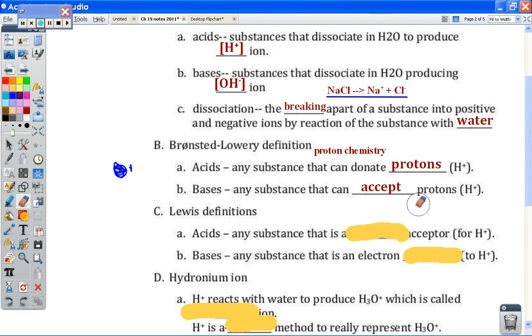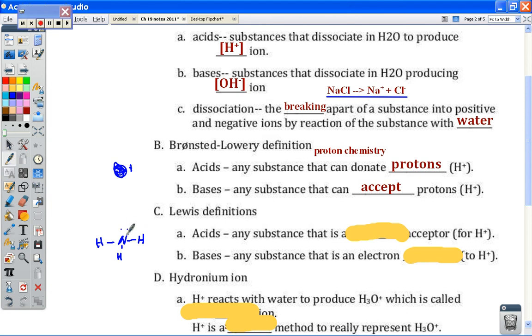So there's some bases out there that don't have the OH on them, but because they will accept the proton onto, say, a lone pair of electrons, it's considered a base. And one of these things is called ammonia. Remember how ammonia was built? It's got a hydrogen, another hydrogen, another hydrogen, but then it's got this lone pair up here that is just all by itself.